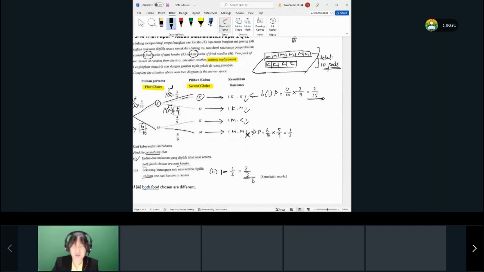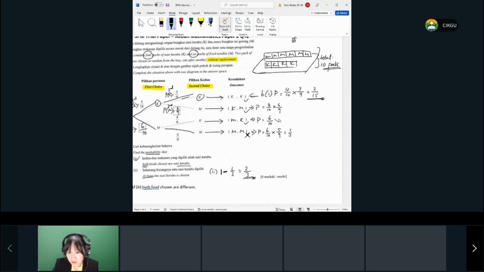Done. Or some students say, okay, teacher, I want to do it one by one. I'm not saying cannot, can. So let's quickly find the probability one by one. What is this? 4 over 10 times 6 over 9. The next one, 6 over 10 times 4 over 9.